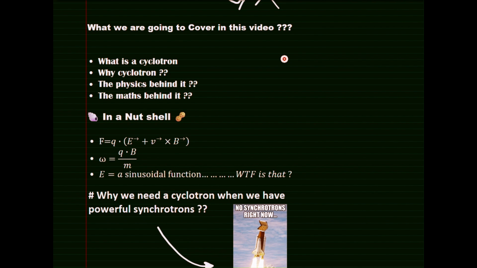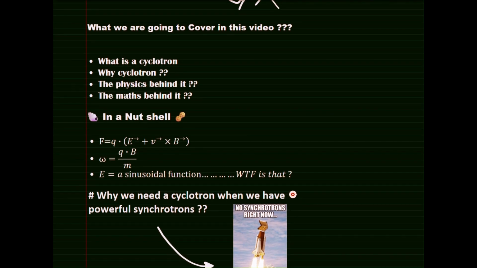Why are we talking about cyclotrons? We have synchrotrons to do the physics stuff, do the experiments and all that. So here you can see the meme. Please don't get hurt, I have to study in a kind of funny way.